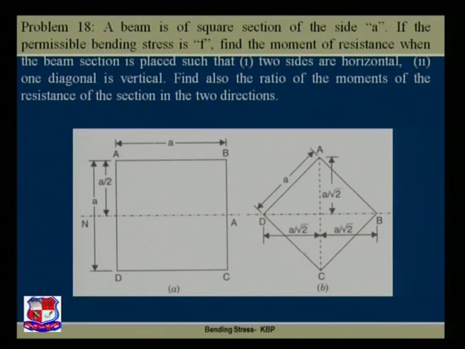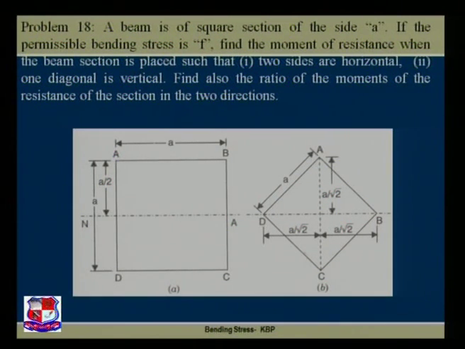A beam has a square section of side A, and the permissible bending stress is F. Find the moment of resistance when the beam section is placed such that, first, two sides are horizontal, and second, one diagonal is vertical. Also find the ratio of the moments of resistance of the section in the two directions.